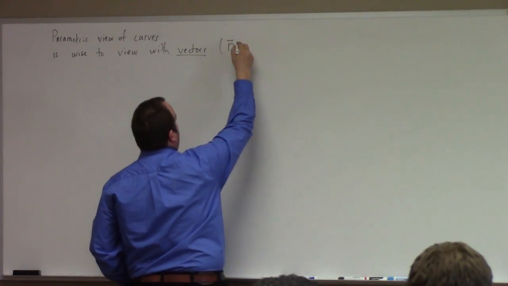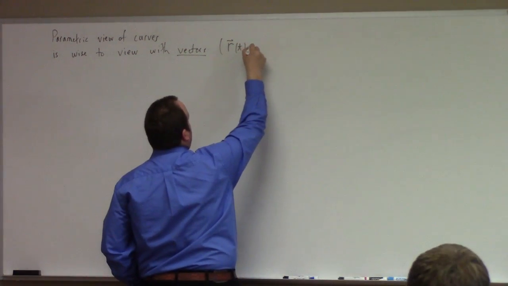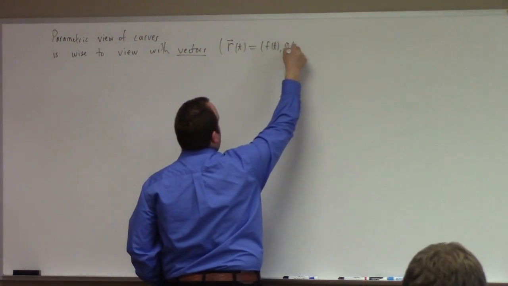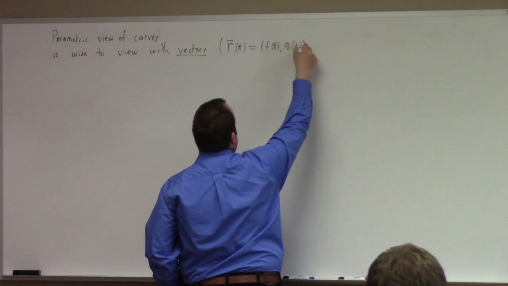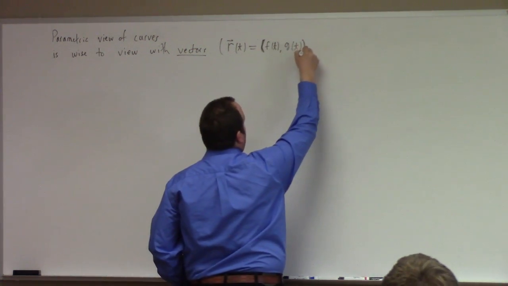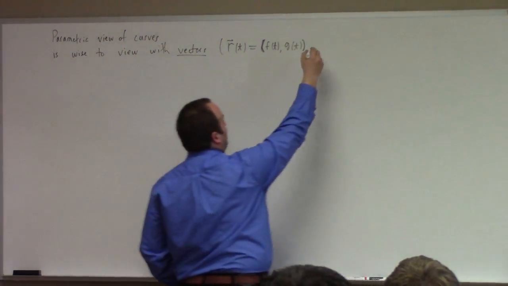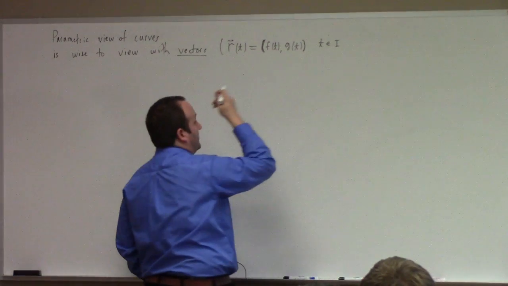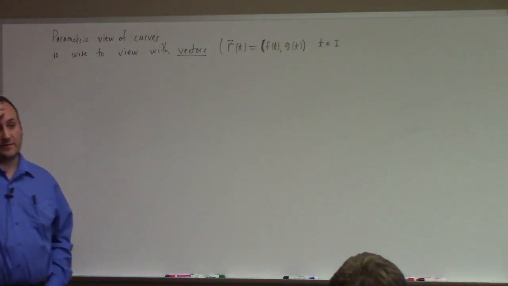Just notation though, right? I told you r of t equals f of t, g of t, for t in some domain, right? That this is a parametric description of some curve in the plane, right?